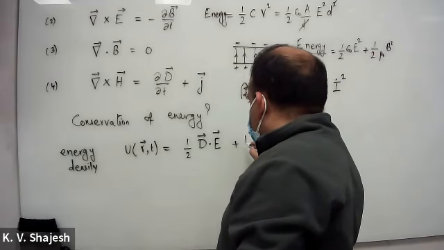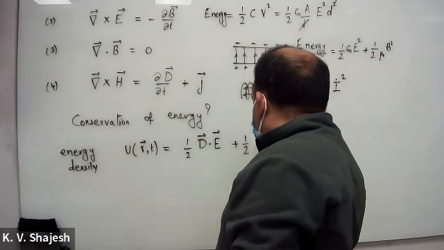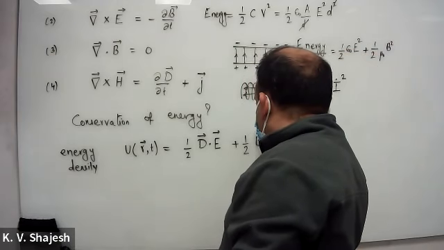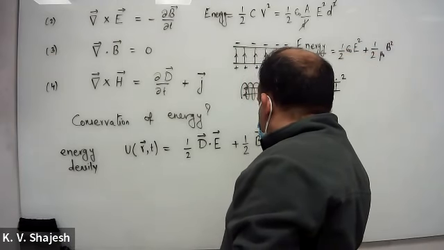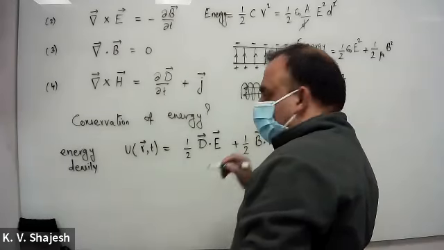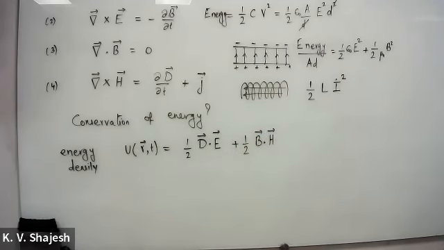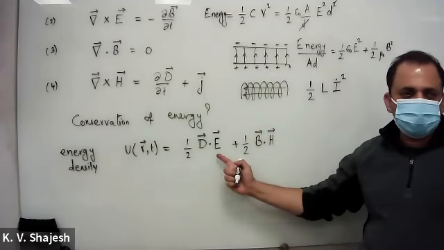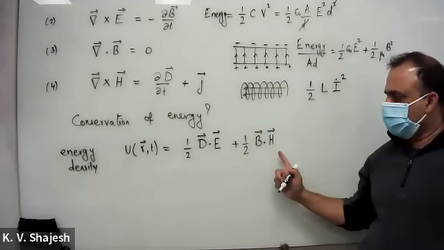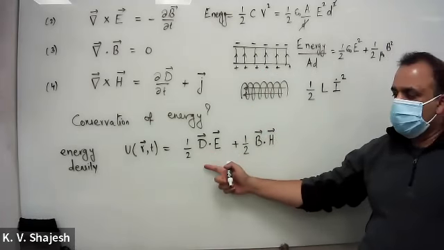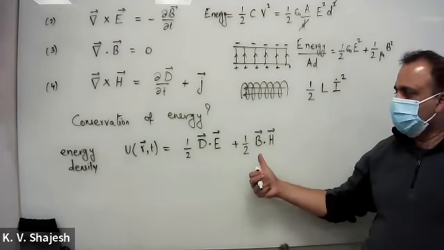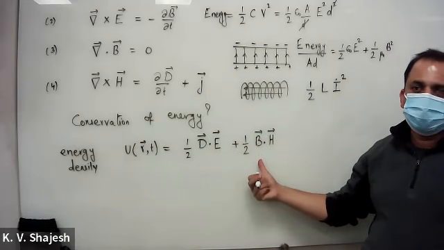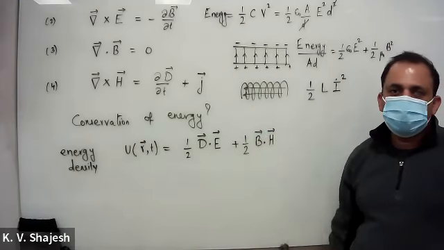So you can store energy in two ways, in a magnetic field or an electric field. At any point in space, if you create an electric field or a magnetic field, the square of the field gives you energy density. You have energy density in the form of the magnetic field also.